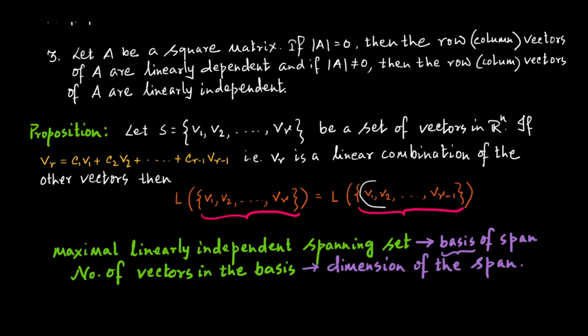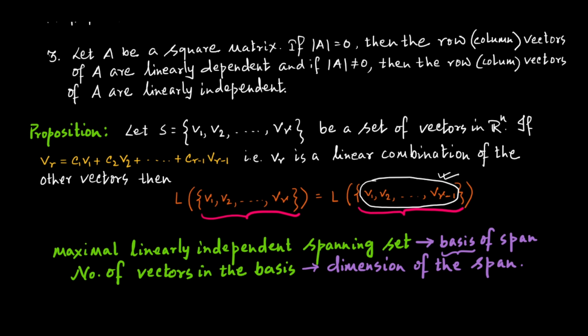That means if this set of vectors is linearly independent, then I will say that the basis of this linear span is given by this set, and the dimension of the span will be r minus 1. If not, if this set is again linearly dependent, then I may have to eliminate one more vector from this set, and check whether the set consisting of the remaining r minus 2 vectors is linearly independent or not.